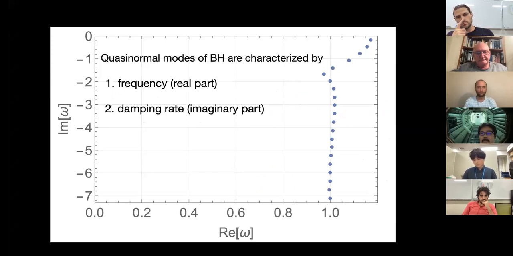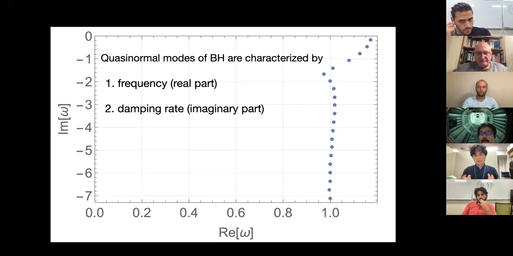Okay, so before moving to my recent work, I would like to emphasize this point. The quasinormal modes are characterized by frequencies and damping rate, in other words, the real part and the imaginary part of the quasinormal frequencies.